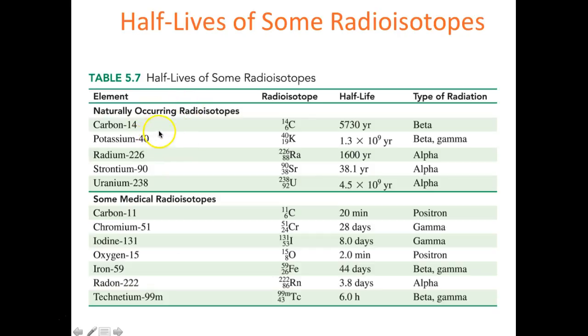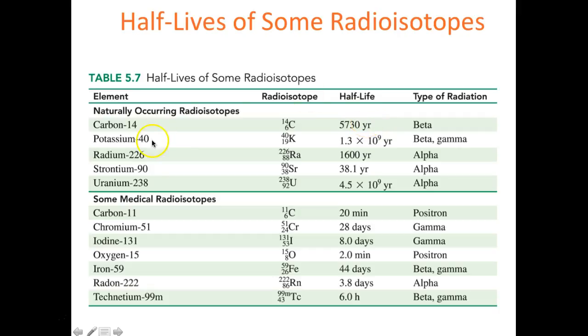Radioisotopes with large half-lives, like carbon-14, take 5,000 years to become half of their original amount. So this is better used, like I said, in carbon dating of materials, especially in archaeological sites.